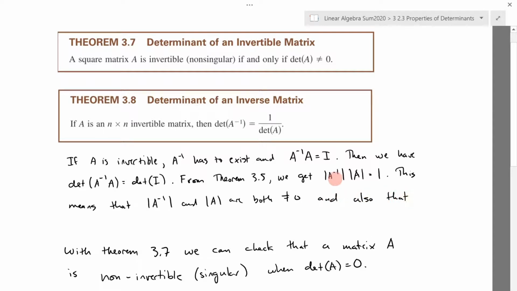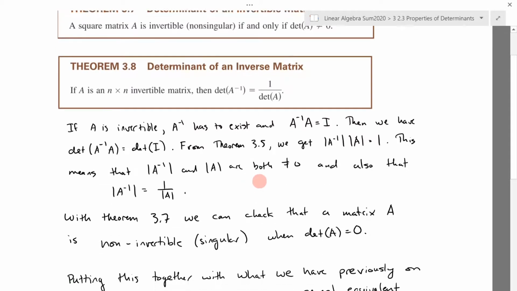And then if I solve this equation for this determinant, I can just divide the determinant of A over to the right side, and I get exactly this equation here. Okay, so it's not too difficult to see why these statements are true.